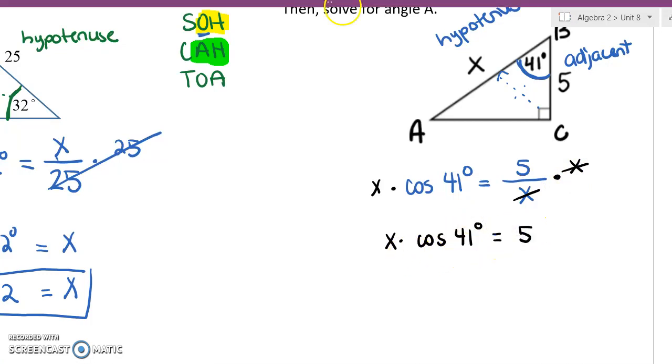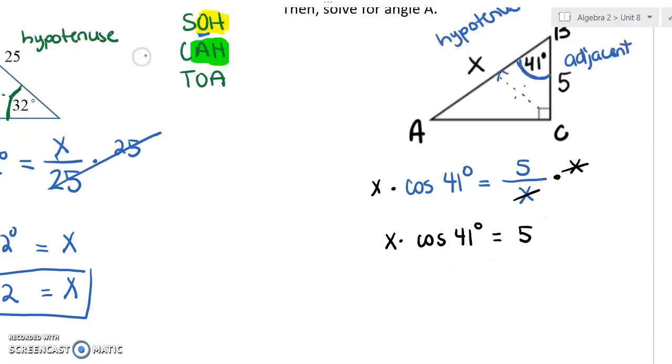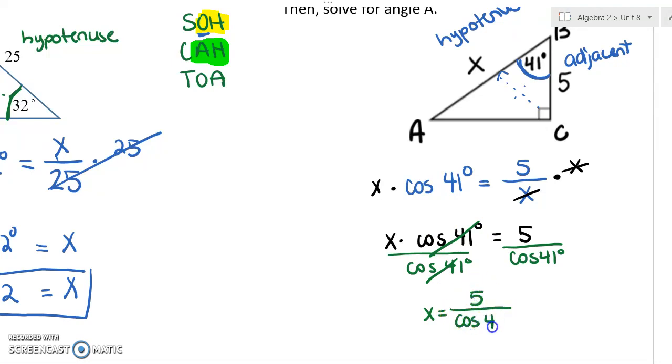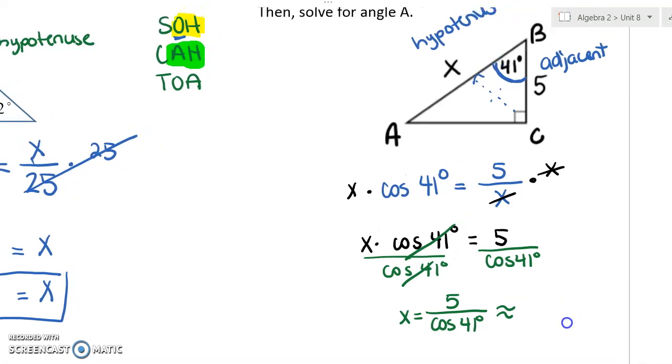We still have to get x alone, so the last step is divide by cosine of 41 degrees. Now x is alone. So x equals 5 divided by cosine of 41 degrees. It's a little bit harder than the first problem because it's a two-step problem, and x is in the denominator rather than the numerator.